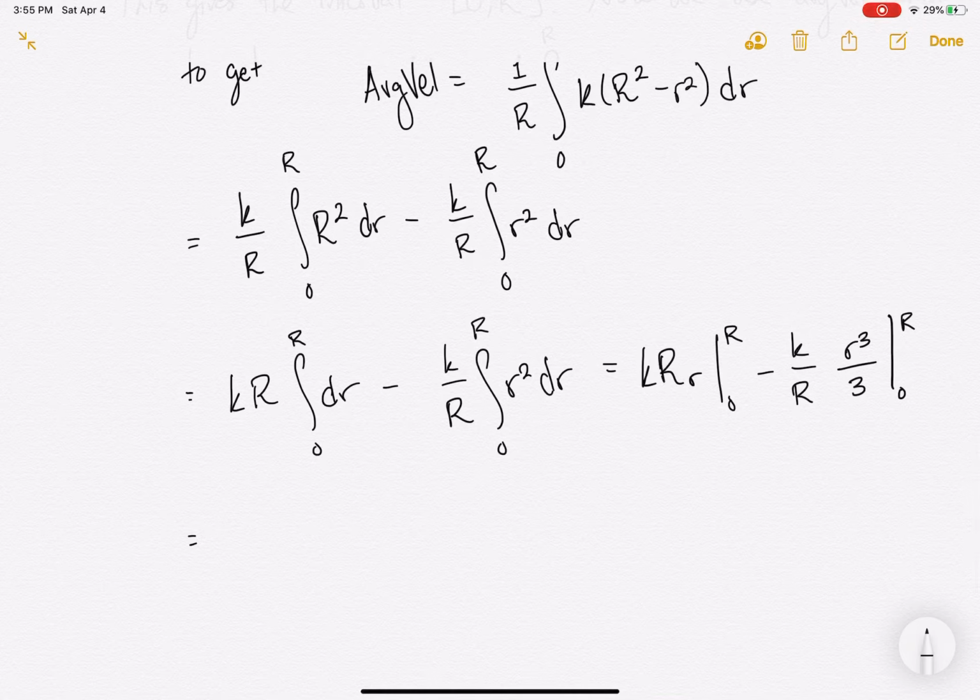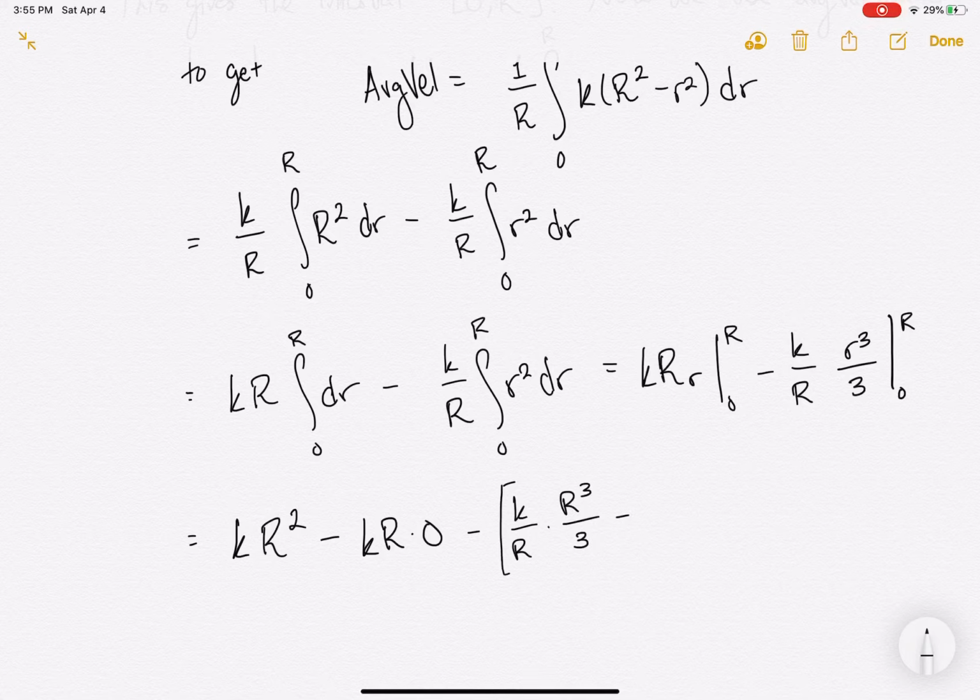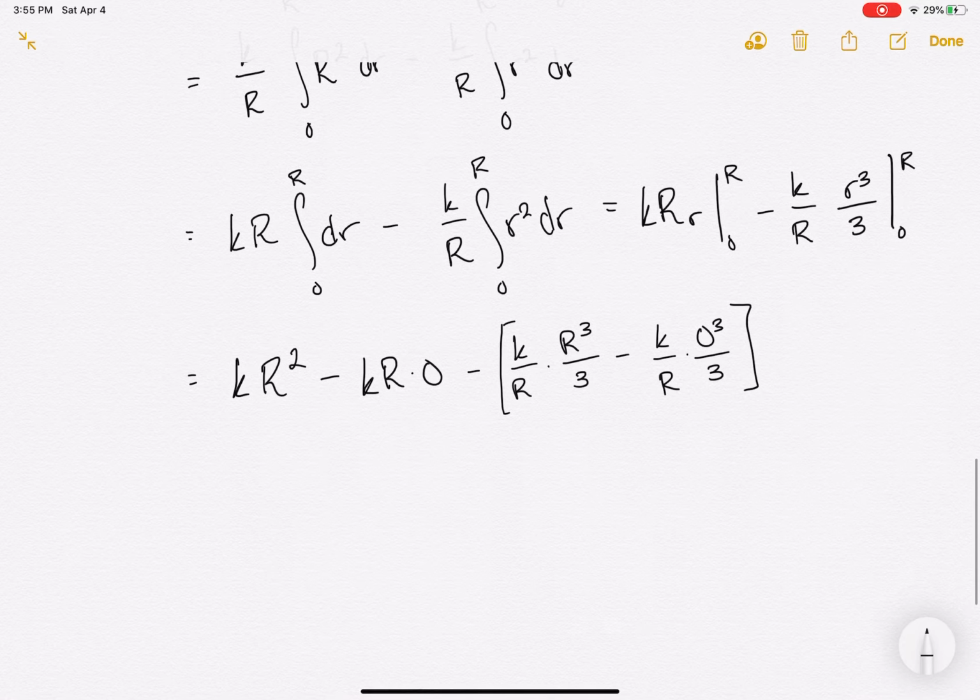And so what do we get? In the first case, we plug in capital R, get k R squared minus k R squared times 0, minus, in the second case, I'm plugging in capital R, k over R times R cubed over 3. This whole thing's in brackets, minus k over R times 0 cubed over 3. And so the 0 terms are, of course, gone, and we're left with this term.